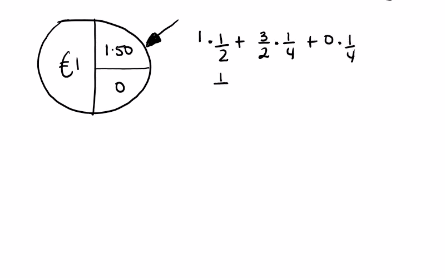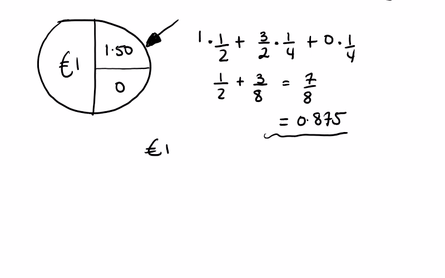So we end up with 1/2 plus 3/8, which is 7/8. Converting back to decimals, 0.875. So the payout here in the long run is 0.875. He charges €1 for the game, so he gains 0.125 in the long run on every game.